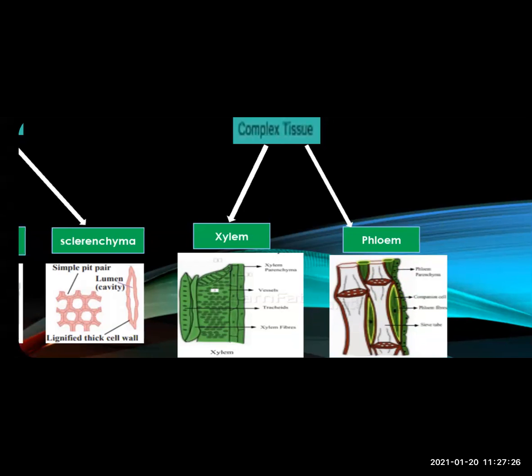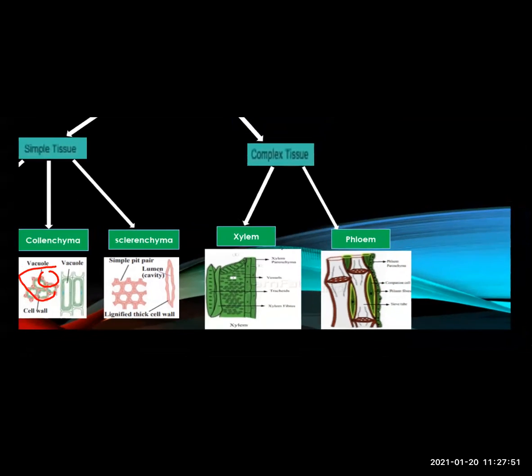Then the other cell types are phloem parenchyma, which provides nutrients and storage, and the other is the phloem fibers. Phloem fibers are also known as phloem sclerenchyma, this brown structure that you see.